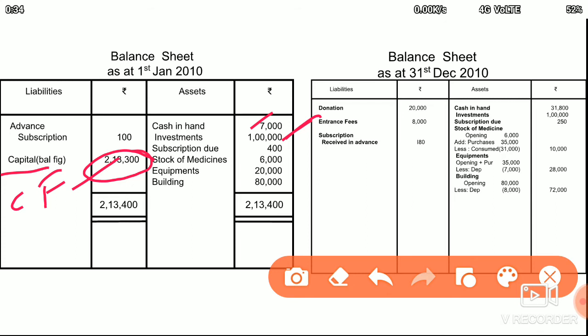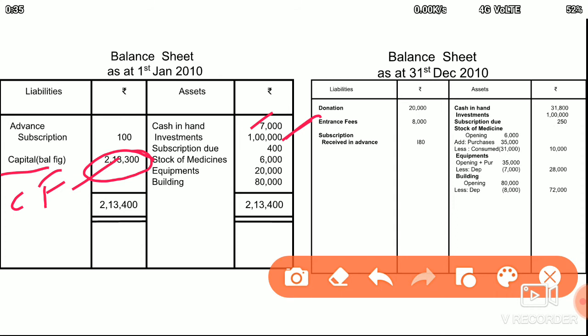So for any item, for example they have given furniture and they have not discussed the furniture, if there is no depreciation, then the same value of furniture will again appear in the new balance sheet also. So we have to recheck the old balance sheet once before we close the balance sheet.